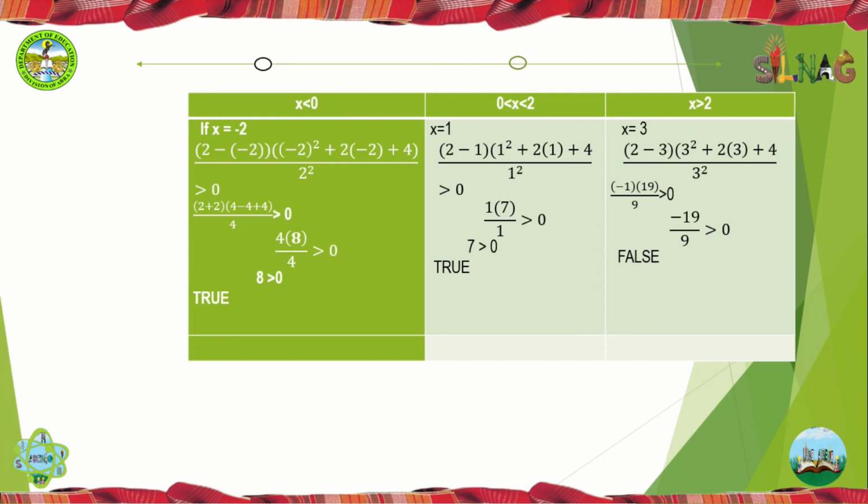Then we have to simplify the left side. So we have negative 1 times 19 over 9 is greater than 0. Then we have negative 19 over 9 is greater than 0. So the given is a false statement, meaning the numbers which are greater than 2 are not solutions of the given inequality.